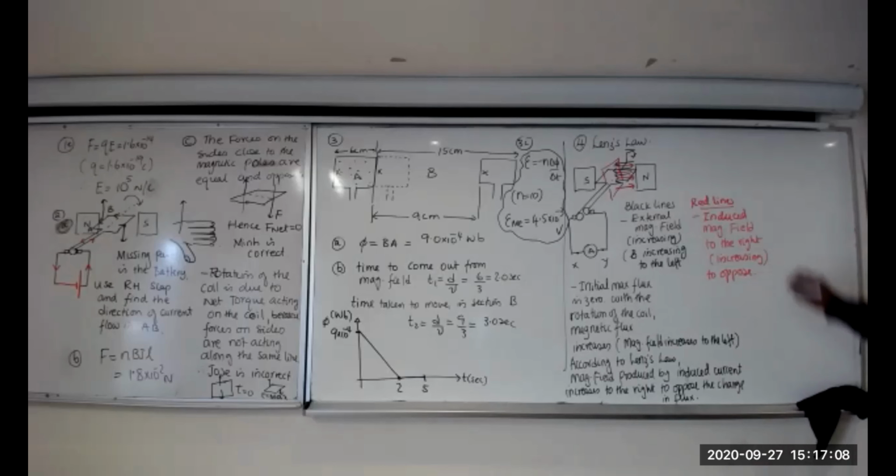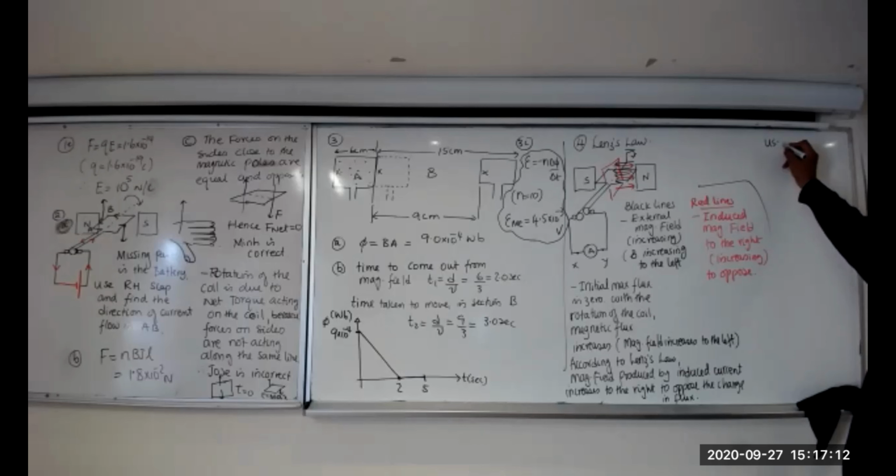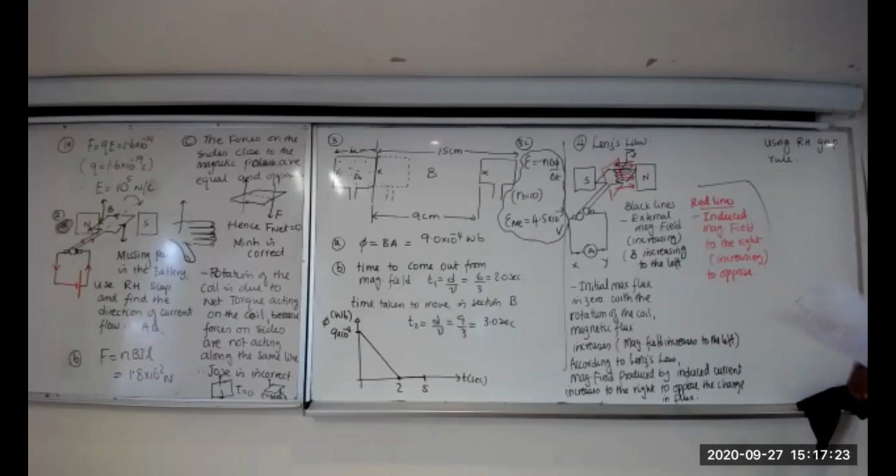Now you have to use the right hand grip rule. The thumb should be pointing in the direction of the induced magnetic field, and curl your fingers around.